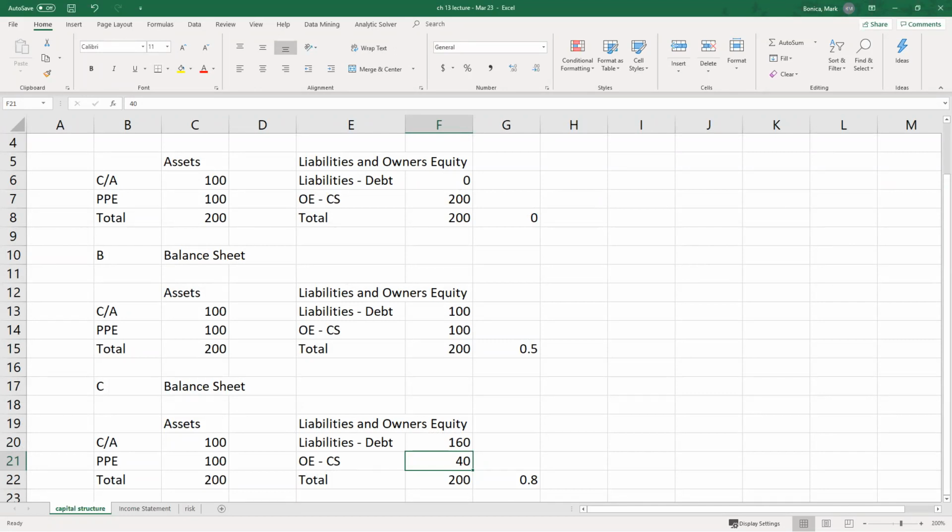What we want to look at right now is the impact of different capital structures on our weighted average cost of capital. Let me switch.